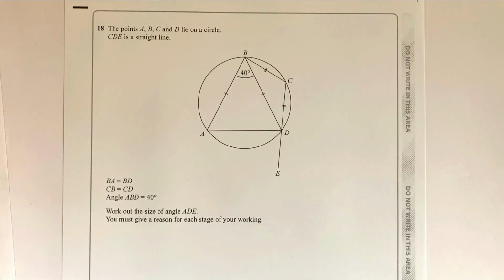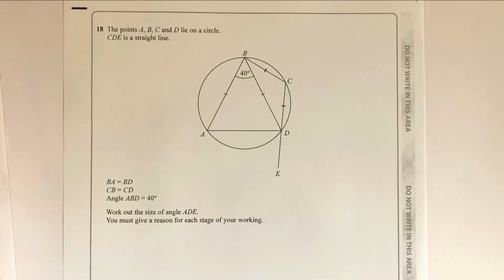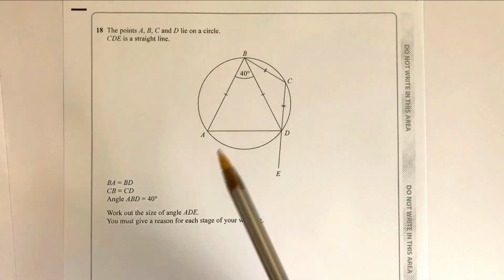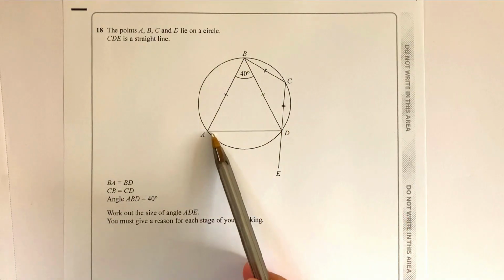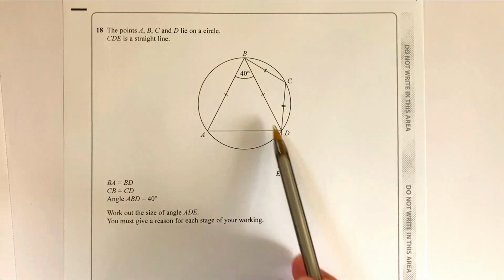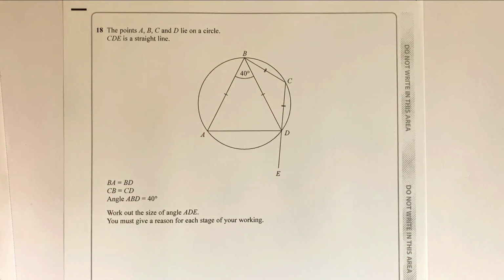So question number 18 is a circle theorem type question, becoming quite popular with both calculator and non-calculator papers. In this particular one, it's not too bad, because if you look at the diagram, ABD is an isosceles triangle because AB and BD are equal to each other. So that allows us to work out the base angles.